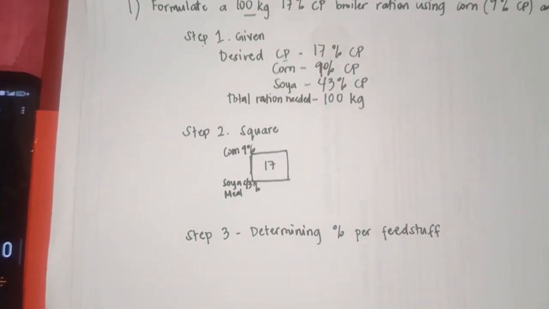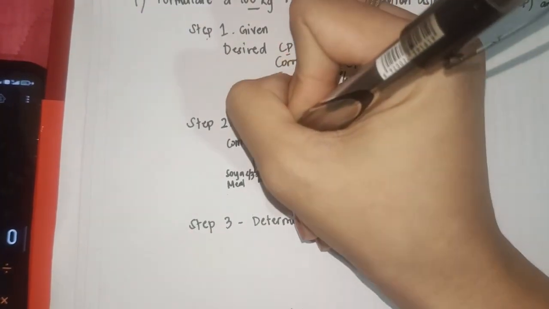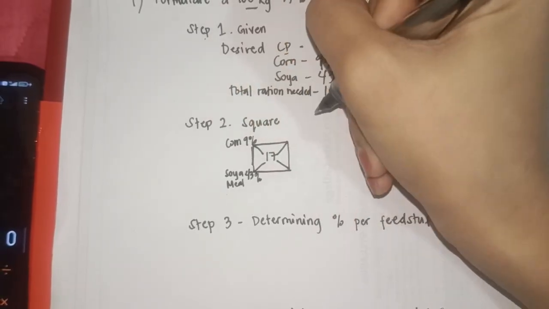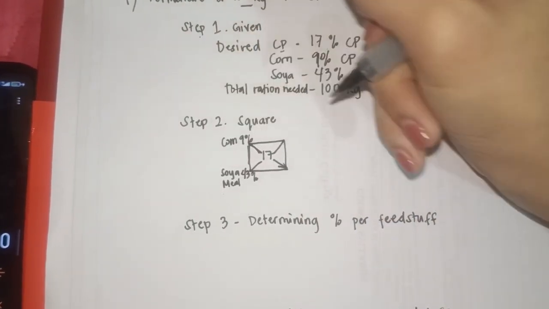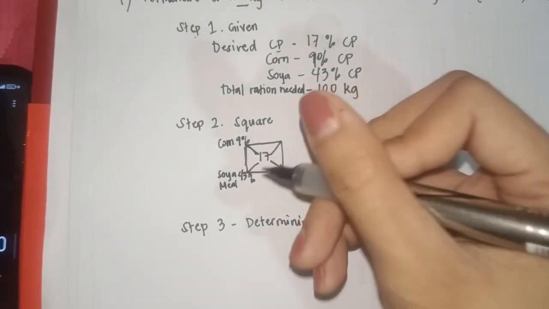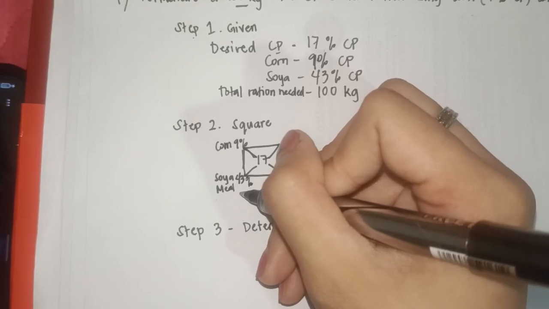This is where the tricky part comes in. You have to cross this one out. For the corn, you subtract the 9 from the 17, and for the soya meal, you subtract the 17 from the 43.